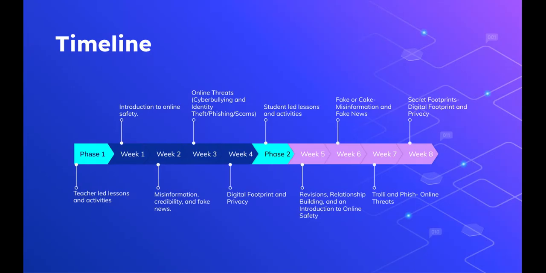Week three is online threats, and then week four will be talking about the digital footprint and privacy. And also, that last week is when those seventh graders will submit their project. All this time they'll be building their project, but then they'll submit it for the teachers to review and revise, or help them review it and give feedback. So in the new school year, they can make those changes as needed.